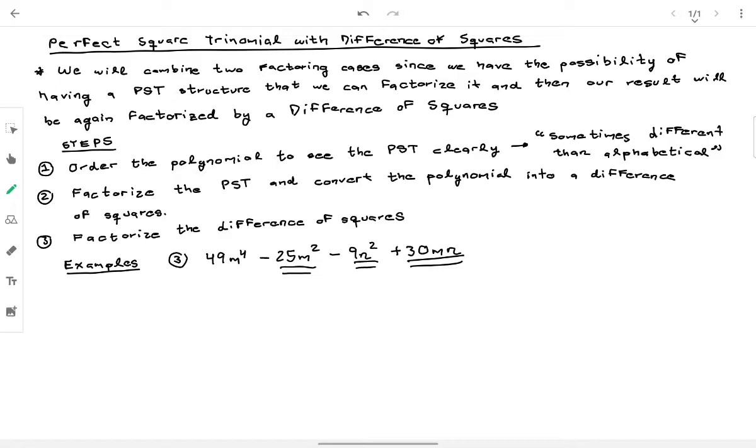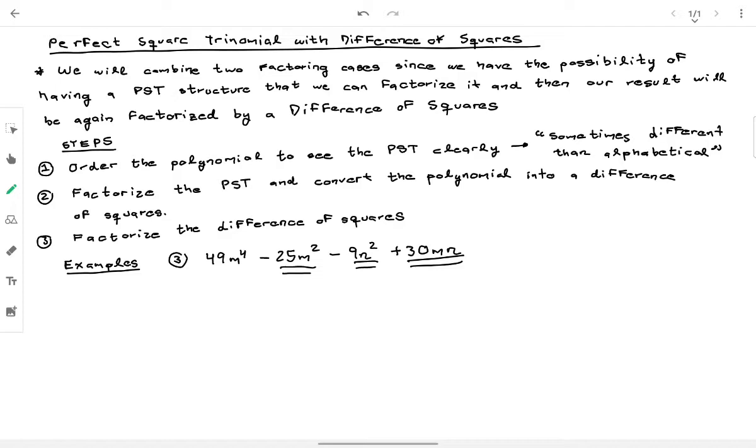Remember we need to have the square root of the power, so for m squared the square root is m, and the square root of n squared is n. That's why those are the three that are going to be part of the trinomial. But in this case, you can check that the ones that have a square root are negative ones, and the square root of negative numbers are imaginary numbers, they don't exist.